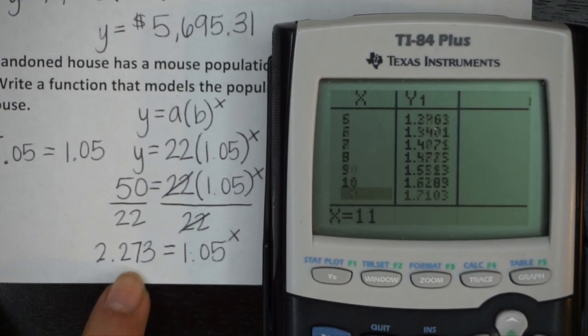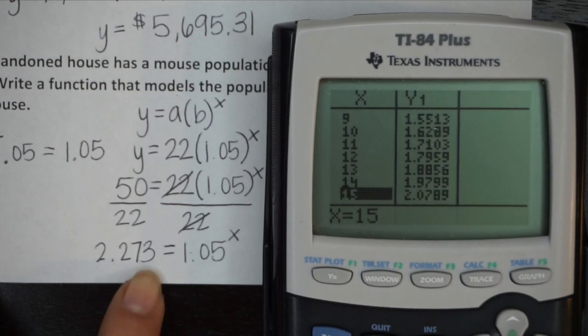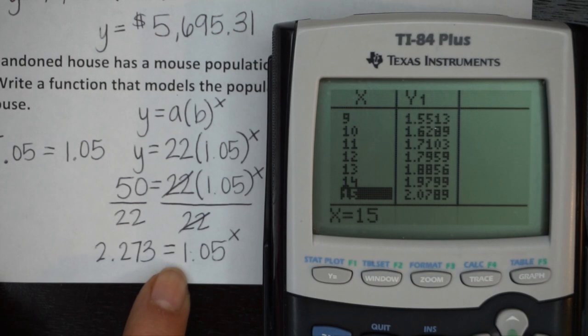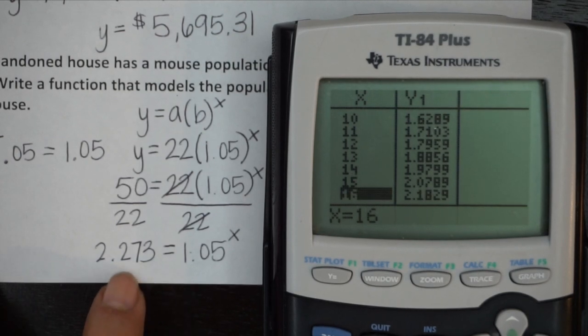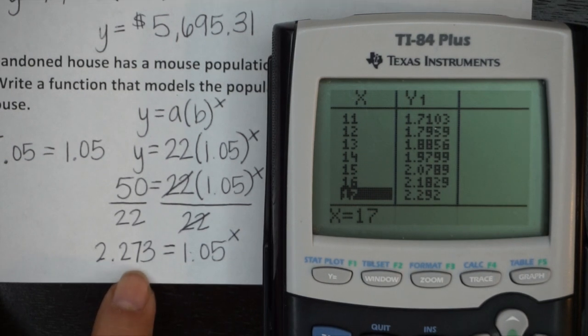All right, we're going down, we're getting closer to 2. At 15 months, we get 2.07. At 16 months, we get 2.18. That's a little less. At 17 months, we get 2.292, which is a little bit more. All right, so here's where we're taking this as an estimate.